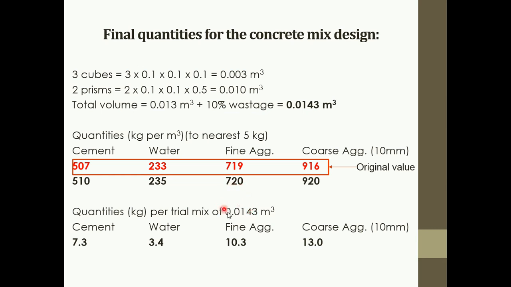Then you get your quantities in kilograms. So here you get cement equals 7.3 kilos, water 3.54 kilos, fine aggregate 10.3 kilos, and coarse aggregate 30 kilos. So these are all the required quantities to make 3 cubes and 2 prisms.